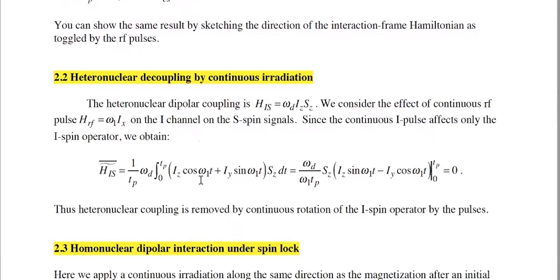So it's going to be IZ cosine omega 1 t, and then it's IY because you're applying an X pulse, so the commutator gives IY sine omega 1 t, good. And then this whole thing is going to multiply SZ because you're dealing with the IZ SZ Hamiltonian. All right, so this is what the tilted form looks like, and then I'm going to have to average that, integrate that over the duration of the decoupling, so 0 to tp, and I'm going to do the same math, and I still keep the SZ, and I have the IZ terms, and so on and so forth.